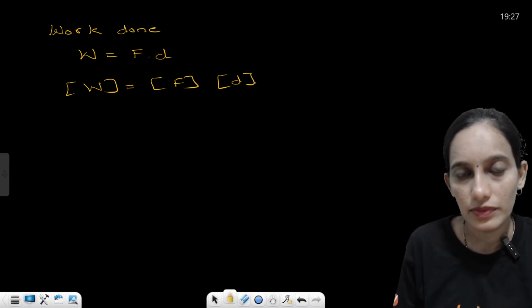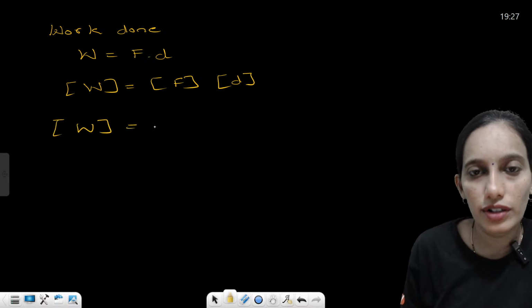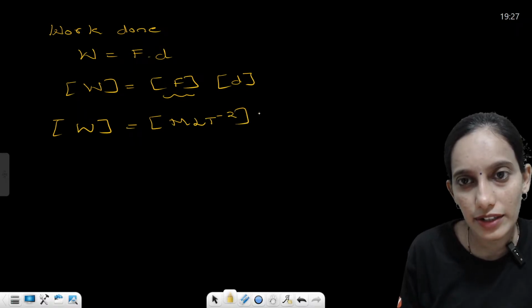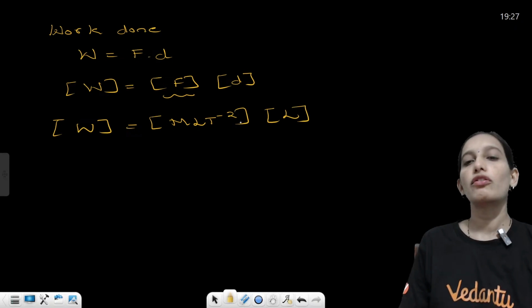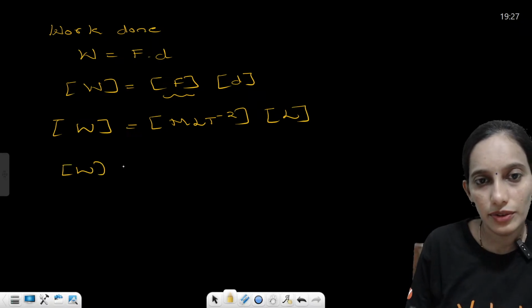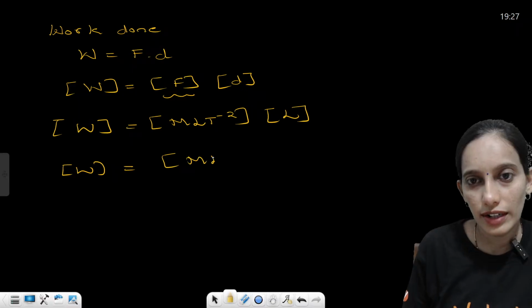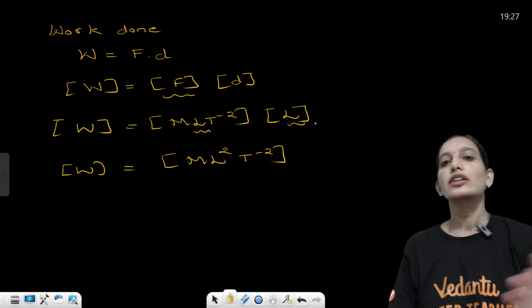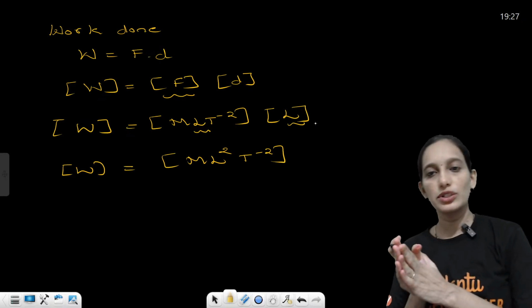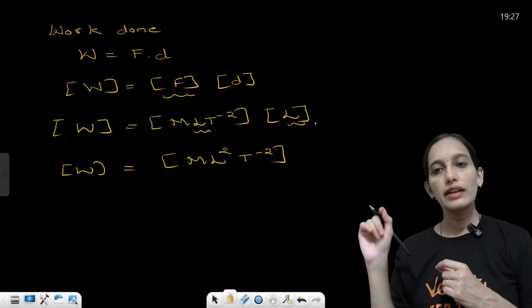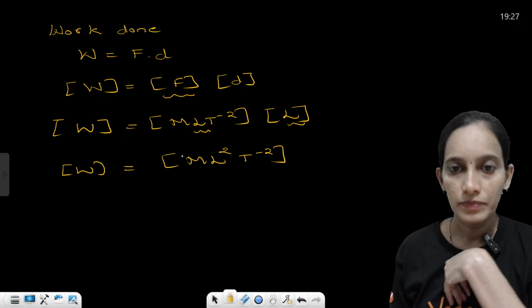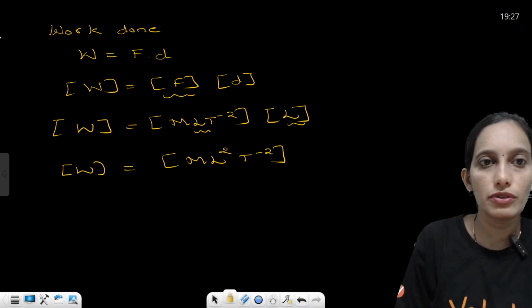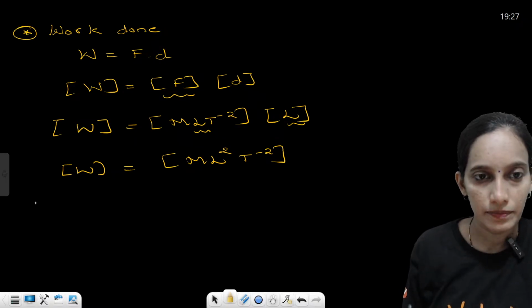The dimension of force is MLT minus 2, into the dimension of displacement, which is L. This gives the dimension of work done as ML square T minus 2, because L into L gives L square. Okay, ML square T minus 2. So this is how you get the dimension of work done.